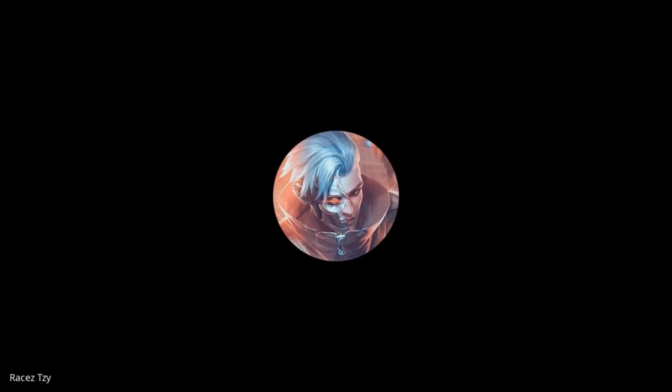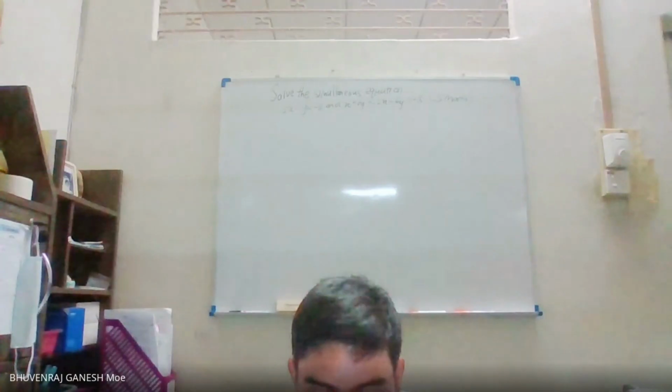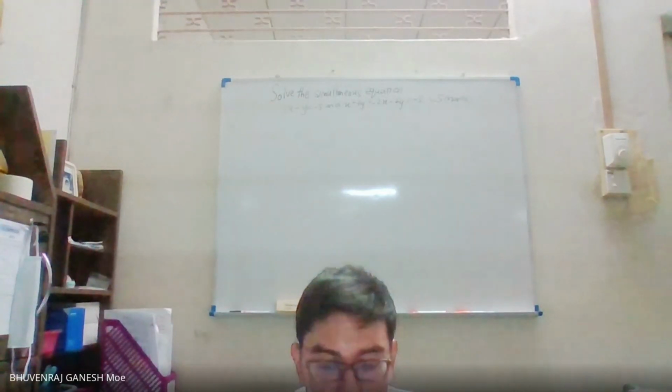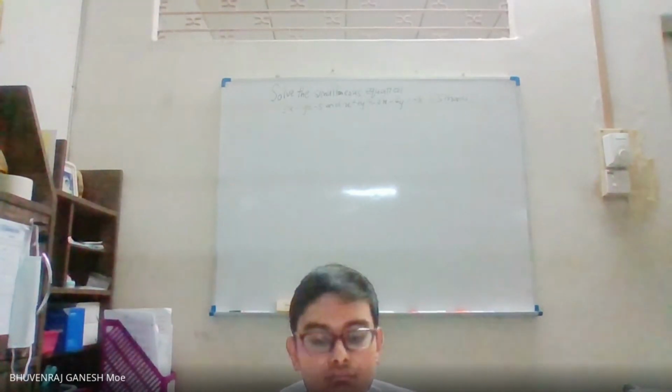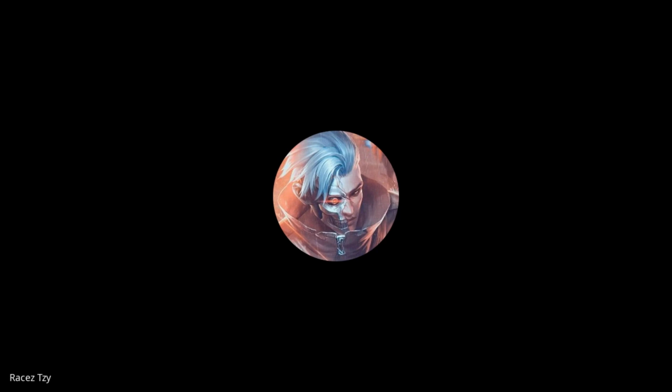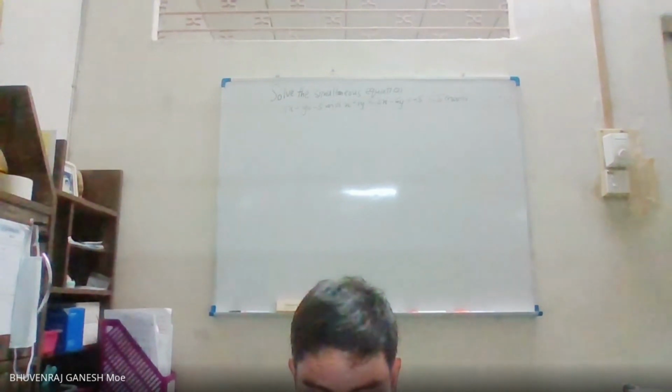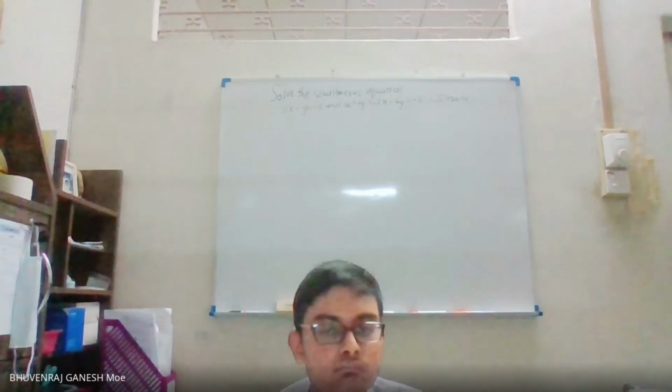But how to remove the negative? From what? The y. You express x in terms of y or y in terms of x? I'm now doing the finding y. Means you expressed x in terms of y, the starting part.